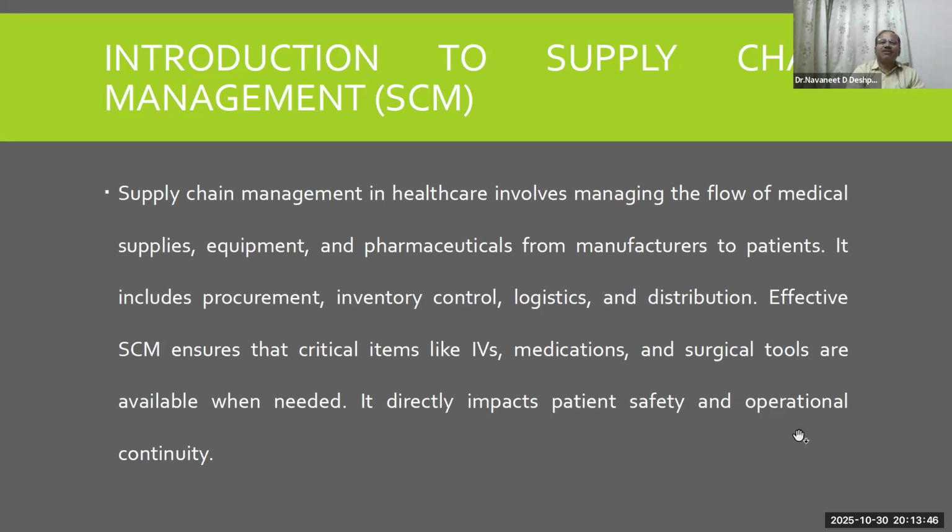If you don't have it, then again it's very challenging, at least in some remote localities, but in metro towns and cities you still have a lot of chances to get access. So supply chain management helps us assure that medical supplies, equipment, and pharmaceuticals reach the patient smoothly. This assures that operational continuity is being managed.